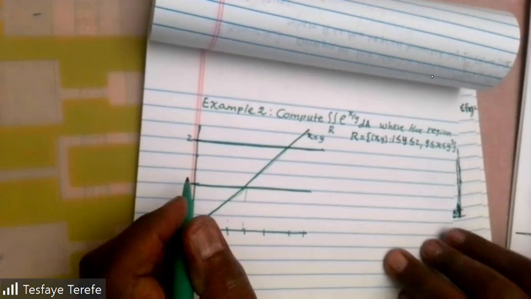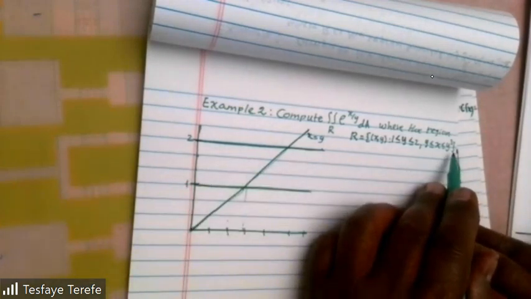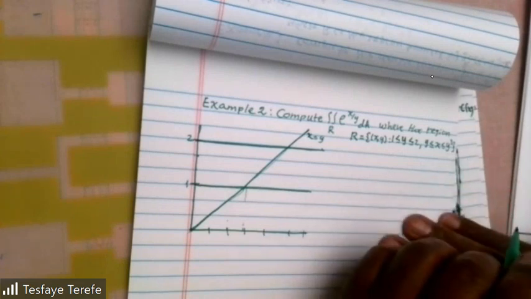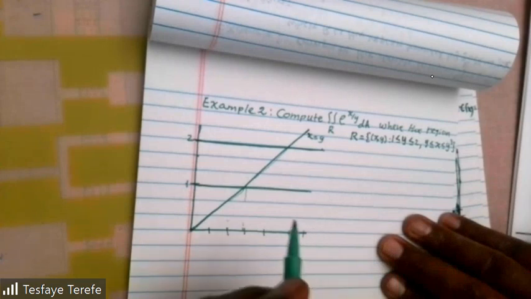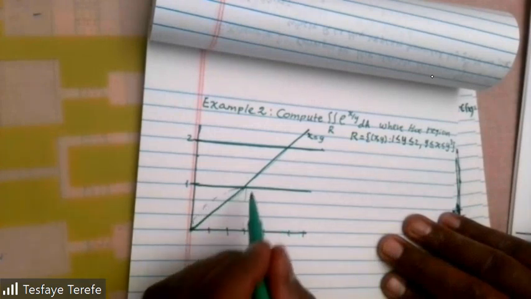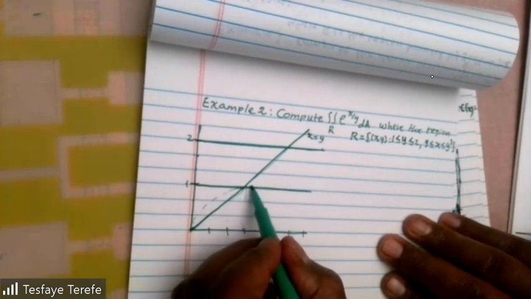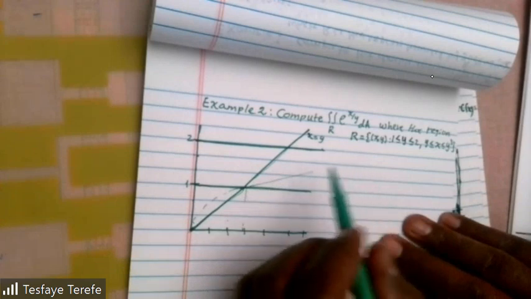And x is equal to y cubed. That means what? Y is equal to the cube root of x. So the cube root function will pass through the point 1, 1, because the cube root of 1 is 1, and then it will go somewhere.